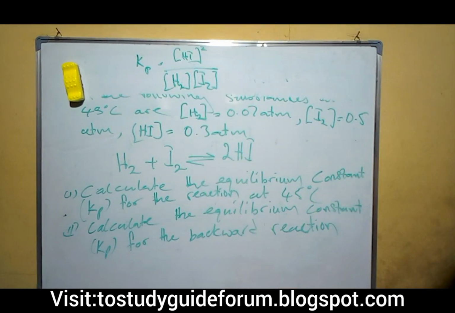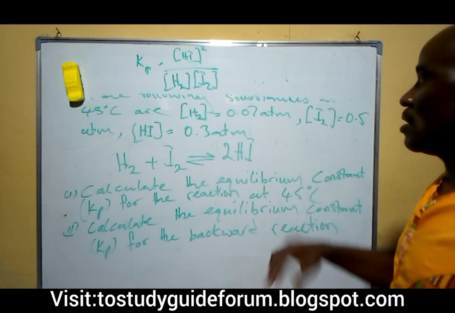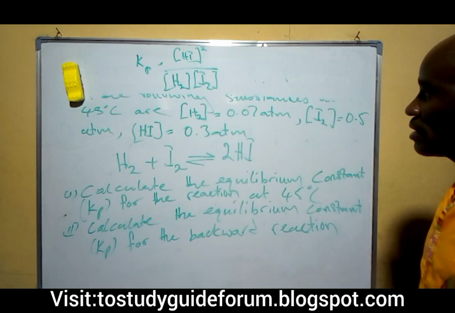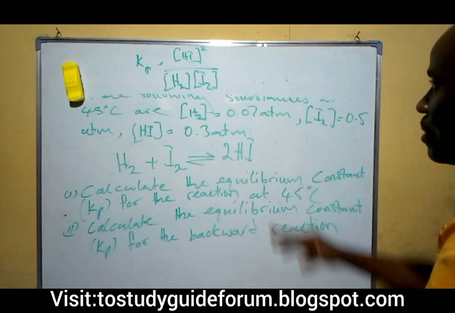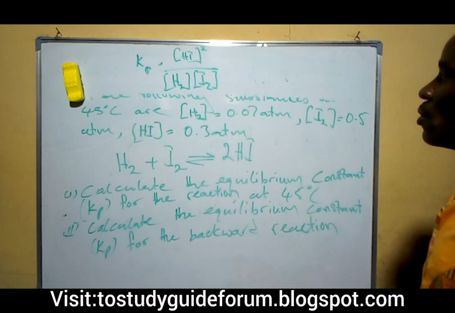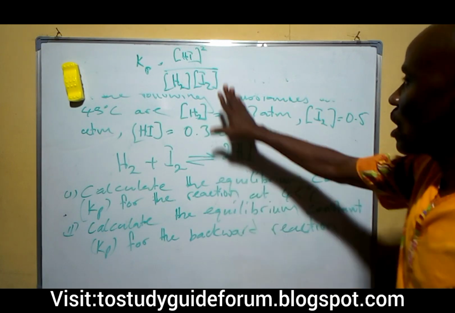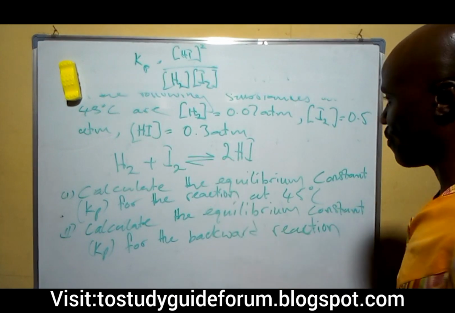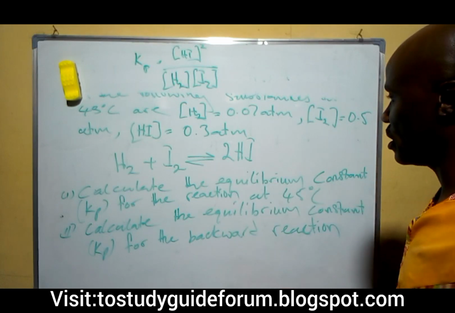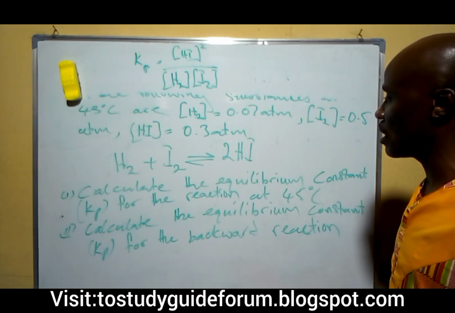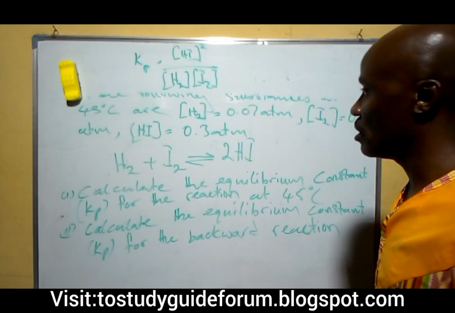If you have been with us all this while, you will find that in our previous classes we were able to explain some of these things, so this is more like a continuation from where we stopped. For this chemical equation, we get the equilibrium constant by using this formula.